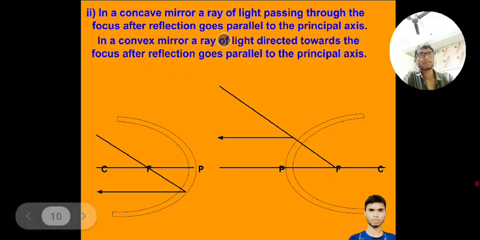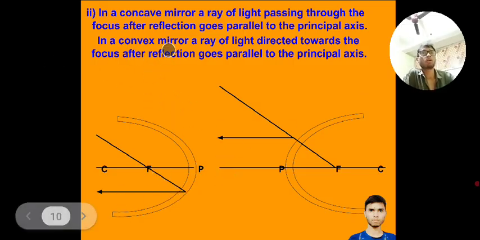In a concave mirror, consider a ray of light passing through the focus. A ray coming from the source light is passing through the focus. Earlier we realized that a ray was coming parallel to the principal axis. Now a ray coming from the source light passes through the focus and hits the inward surface. When this light comes like this, it will be parallel after hitting the inward surface.